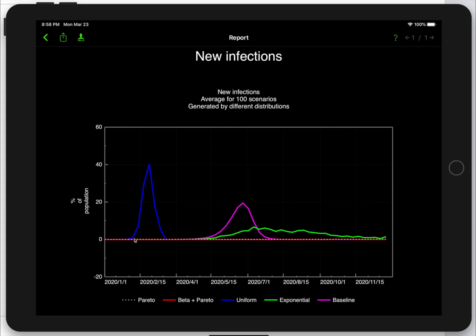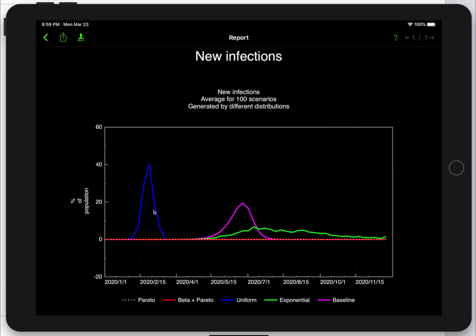This is about the same as the two contact ratio scenario. So here we've got an exponential distribution. And then we have the Pareto distribution, and we also have a beta plus Pareto distribution. Those two are basically on top of one another, basically insignificant here.